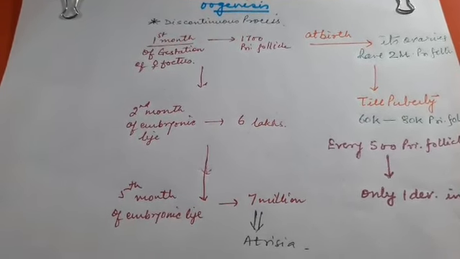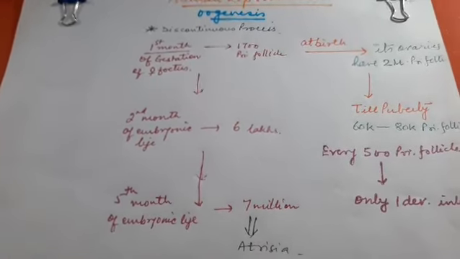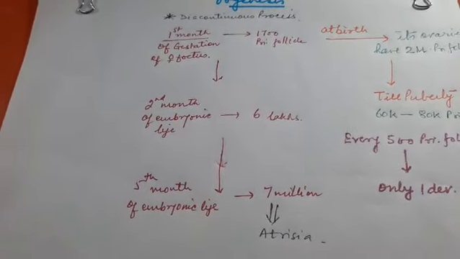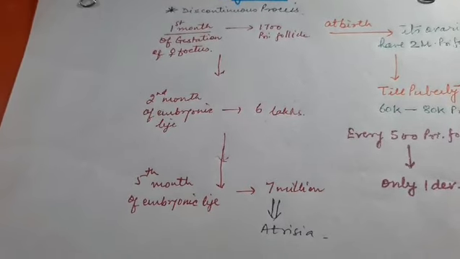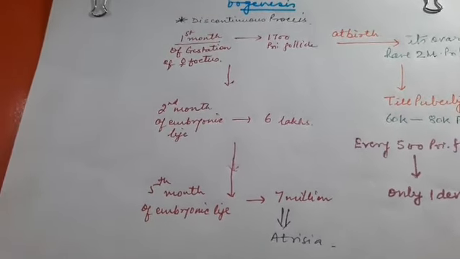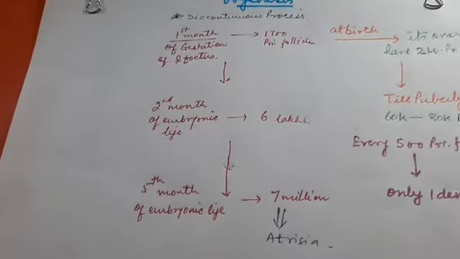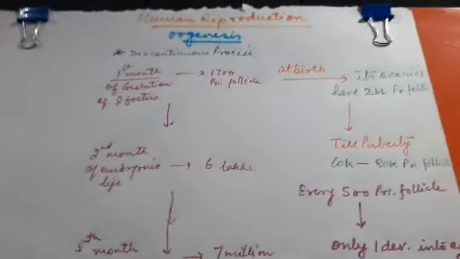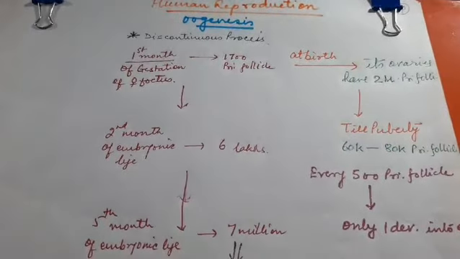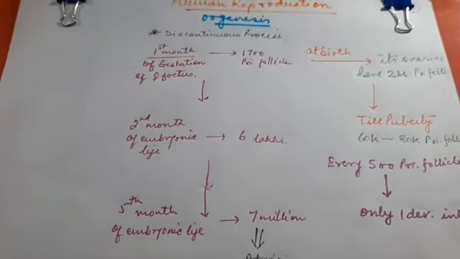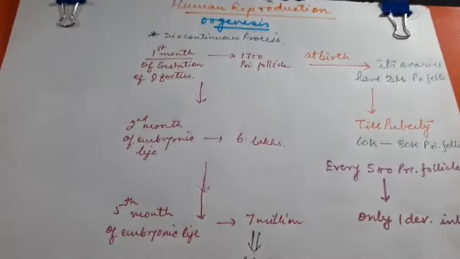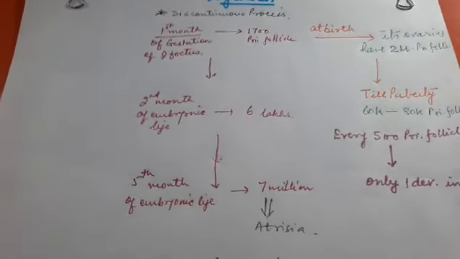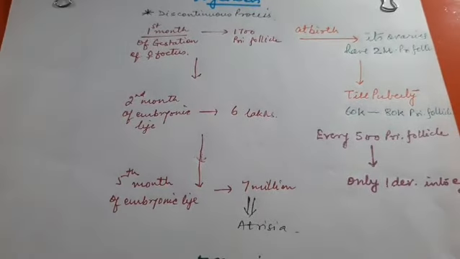It begins at embryonic life, stops at a particular stage at birth, and then restarts at puberty, whereas spermatogenesis starts at puberty and continuously goes on. Hence, we say oogenesis is a discontinuous process.